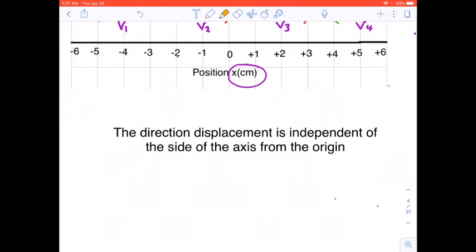So the direction of displacement is independent of the side of the axis from the origin. Right, and that's important to note.